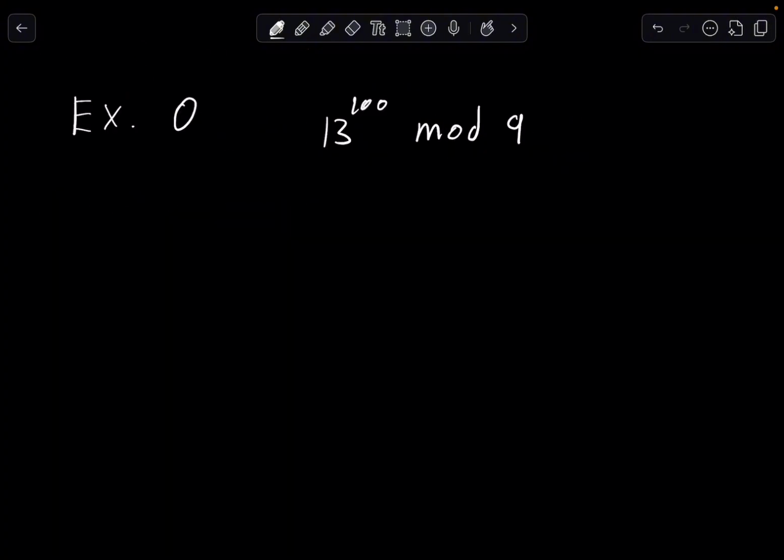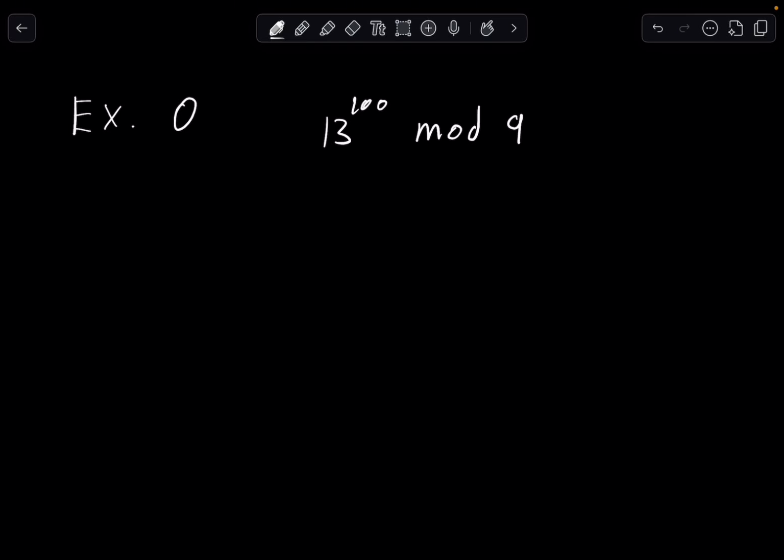We have 13 to the 100th in mod 9. So remember, we could use fast modular exponentiation here, or could we use Fermat's little theorem? I want you to try and think about if you can actually solve this problem with Fermat's little theorem or not, and then we'll move on.